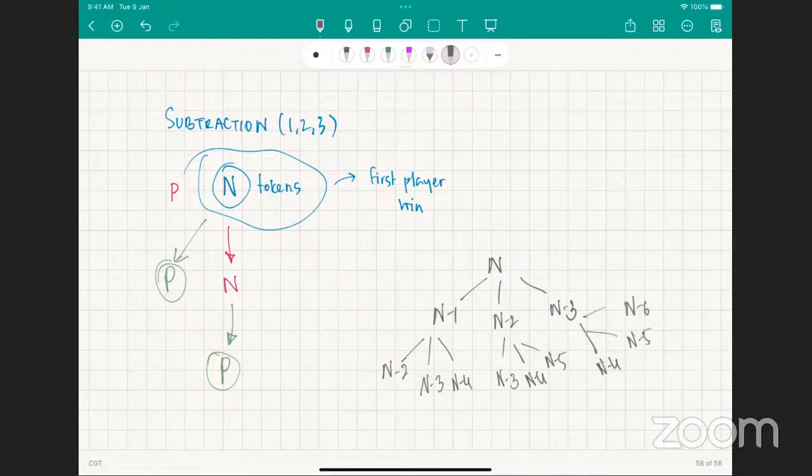And notice that only some of these are accessible from n, right? So because you're only allowed to remove 3 tokens, all of these states are actually not accessible from n. So you may not actually be able to find a grandchild that is in P, which is also a child that is in P, right?